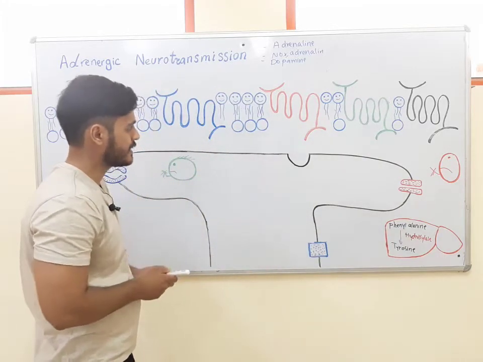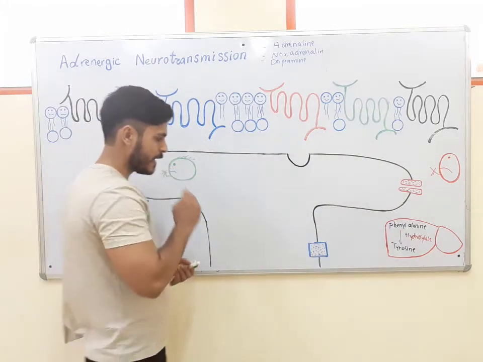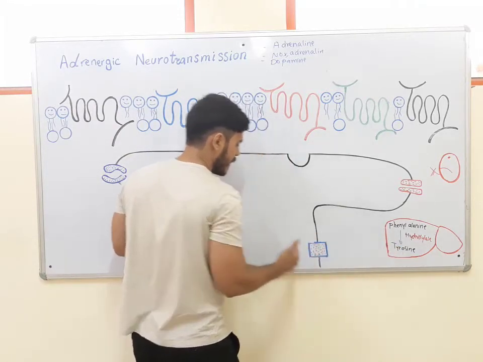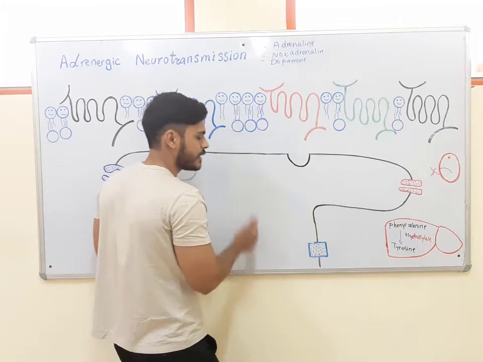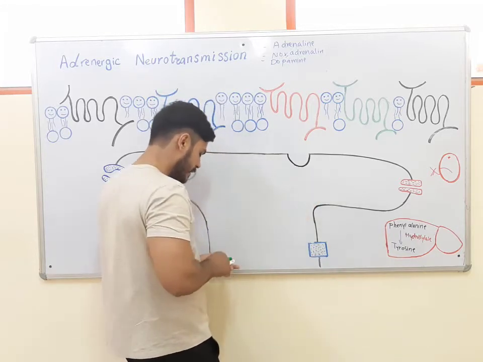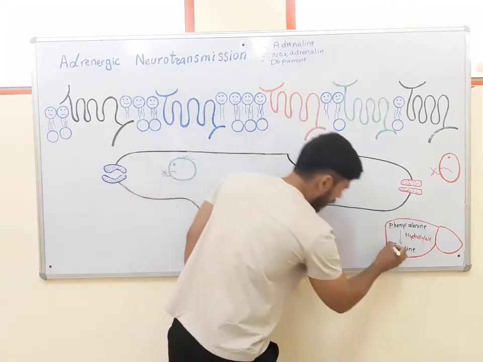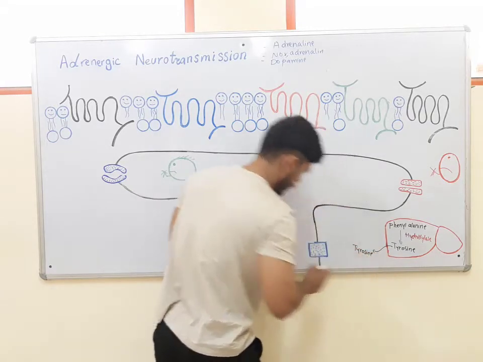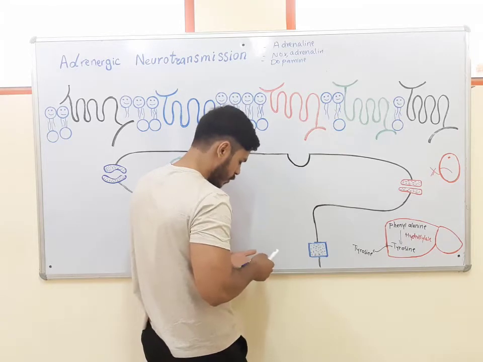The second step for synthesis of catecholamine is uptake of tyrosine from the external environment into the adrenergic nerve terminal. This uptake is mediated by the tyrosine sodium co-transporter.